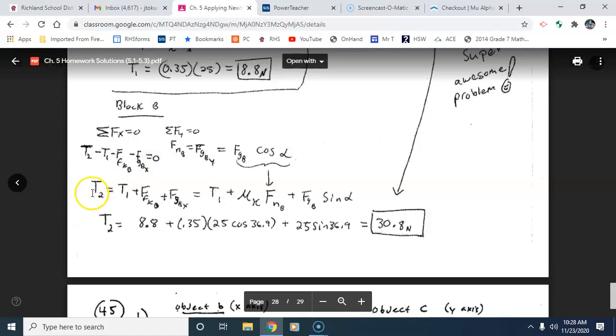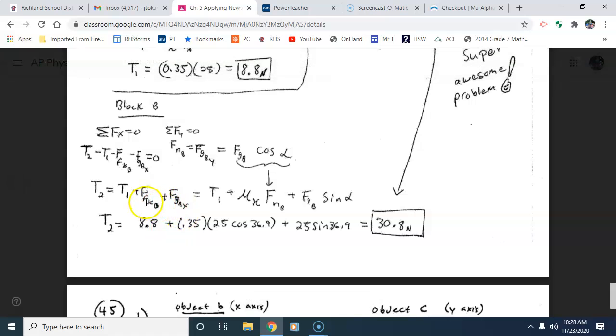So I could start trying to solve for T2. When I do that, like I said, I know T1. I know that the kinetic friction of block B is equal to 0.35 times the, not the weight, but as I proved up here, it's equal to the perpendicular, or y component of the weight, which is the weight of B times the cosine of alpha, and alpha was 36.9. So I showed that there. That gets plugged in for the normal force here.